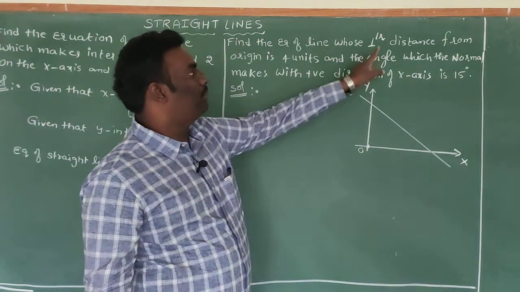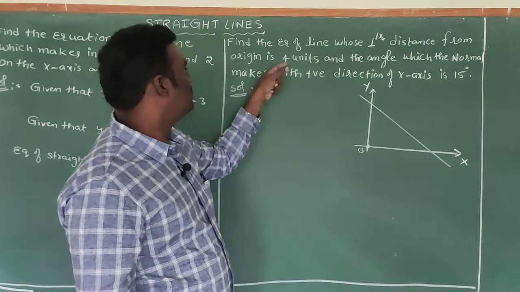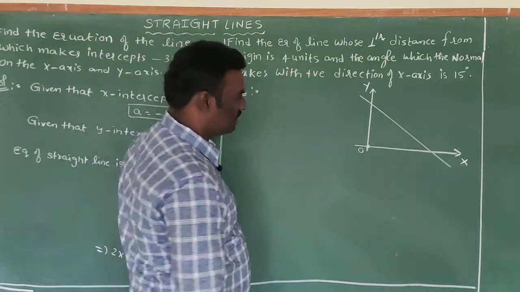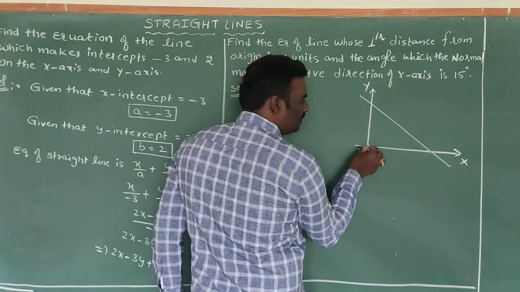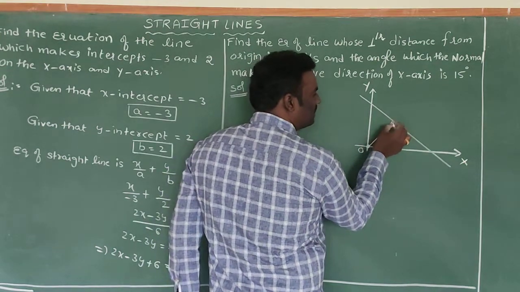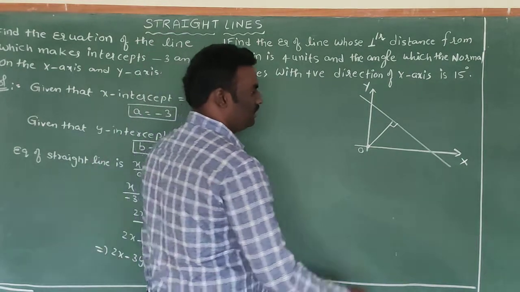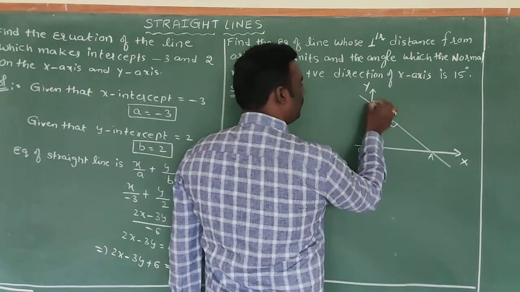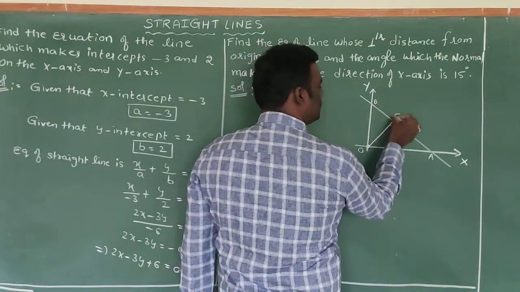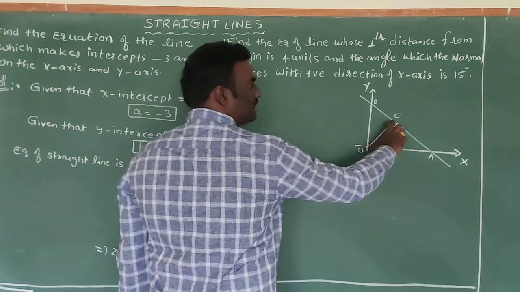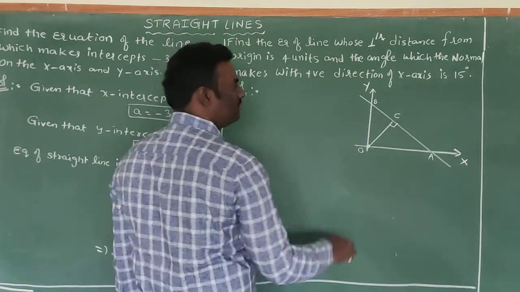Now, the perpendicular distance from origin to the straight line is 4 units. From origin, you draw a perpendicular. This is A, and this is B, and this is C. This distance is already given, how much? 4 units.